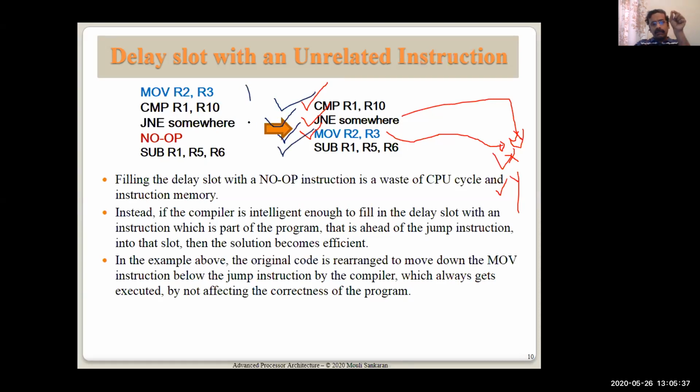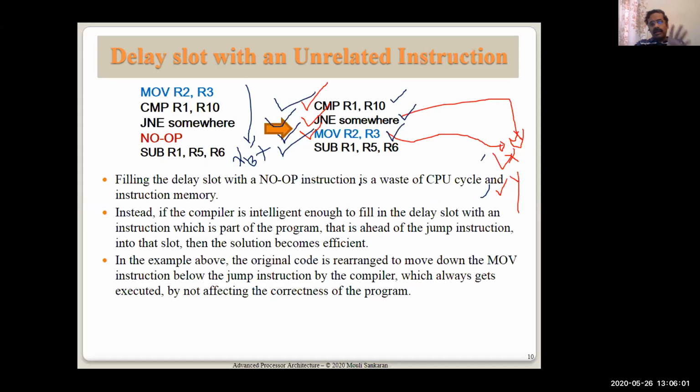So that is the sequence of instructions executed when JNE is not taken. If it is taken, then this is executed with that condition, and move is executed and X and Y are executed.